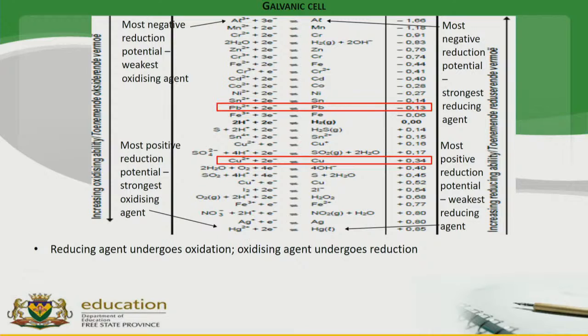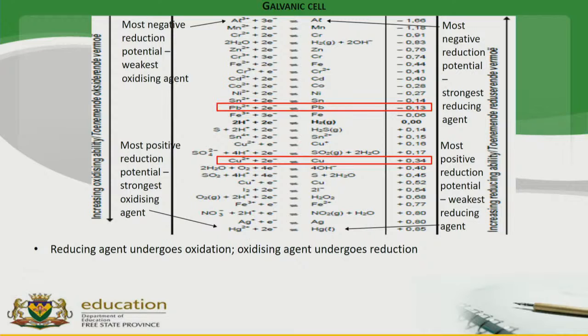On the right hand side you have lead and copper. The arrow says reducing ability, so lead and copper are reducing agents. The arrow points up, which means when you move up, the reducing ability increases. That means lead is a stronger reducing agent than copper.